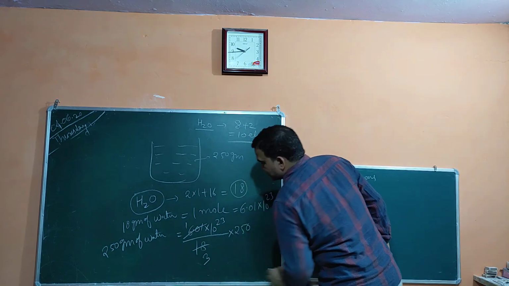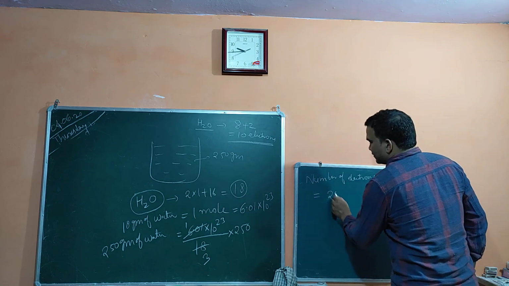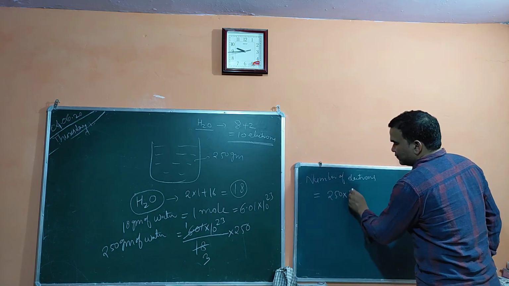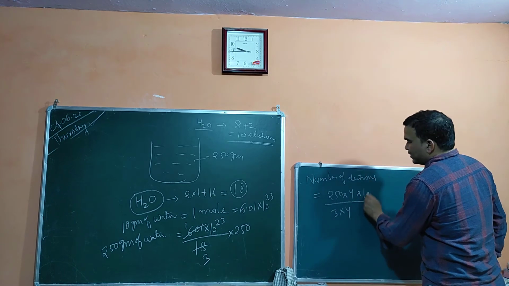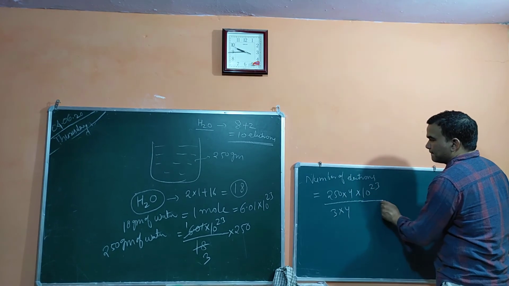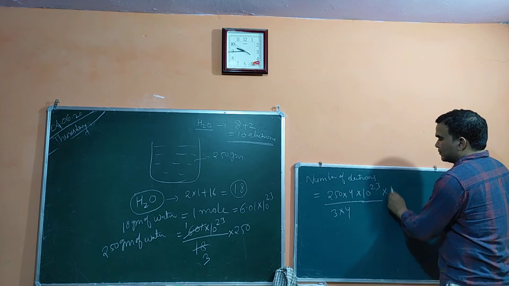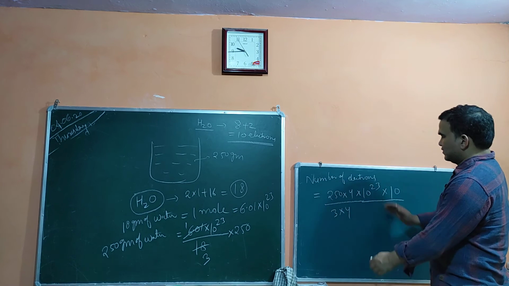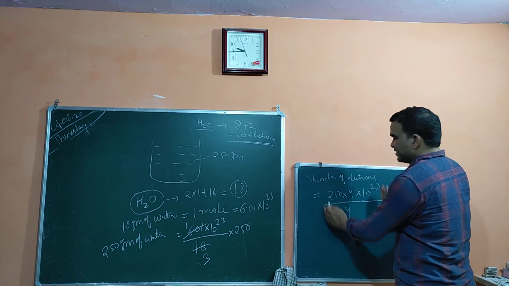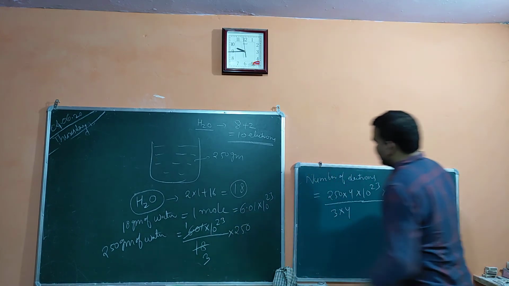It is 250 into 4 into 3 into 4 into 10 to the power 23 into 10. So this is the rearrangement of this part.